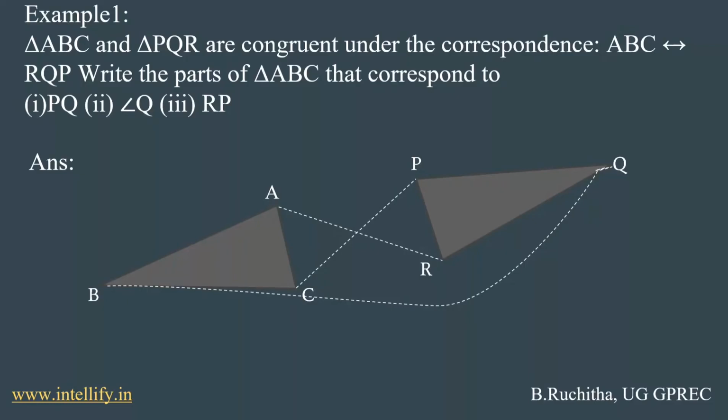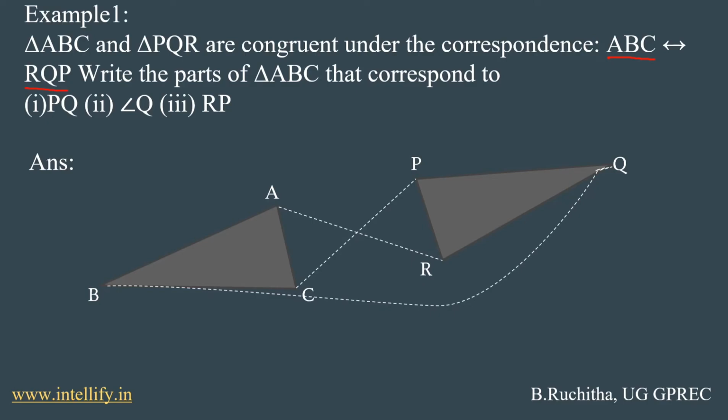Let us see some more examples to understand the concept clearly. Here they gave that the two triangles ABC and PQR are congruent under the correspondence ABC to RQP. Write the parts of ABC that correspond to the following. They gave that the vertices ABC are the corresponding vertices of RQP.